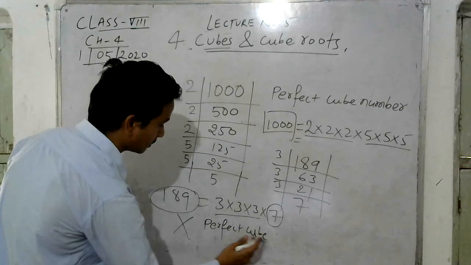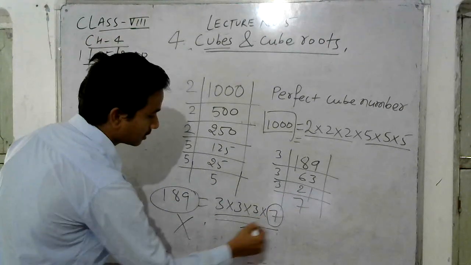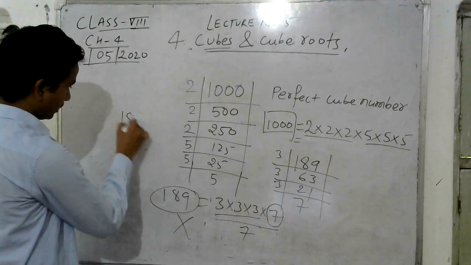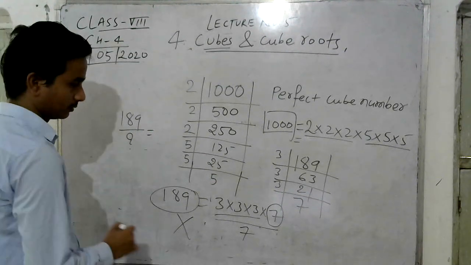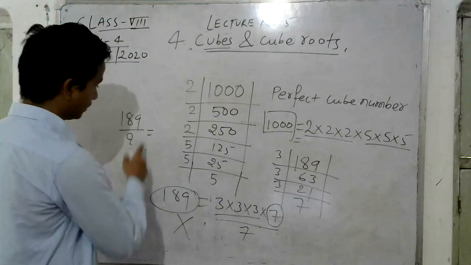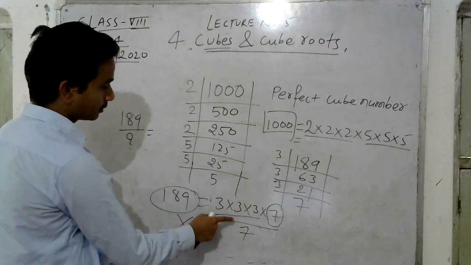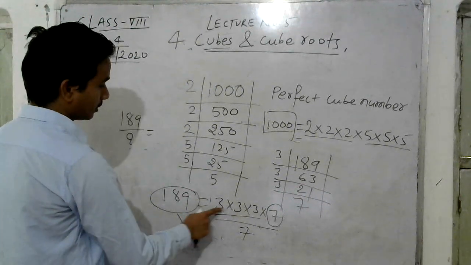By dividing by 7, because this 7 and that 7 will cancel out and we will be left with only this. So our answer is 7. It should be divided by 7, then only we get a perfect cube. And the next question can be, what is that perfect cube number? That perfect cube will be 3 into 3 into 3.